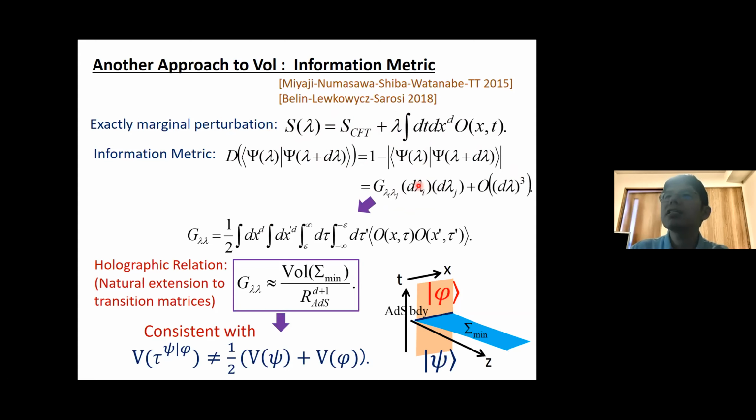With d lambda infinitesimally small, the coefficient of d lambda squared is the information metric. If d lambda is 0, this inner product is just 1, so the distance, this Bures distance, is 0, but a small perturbation gives a quadratic perturbation, and that coefficient is the information metric. In this quantum field theory case, we have this integral of the 2-point function.